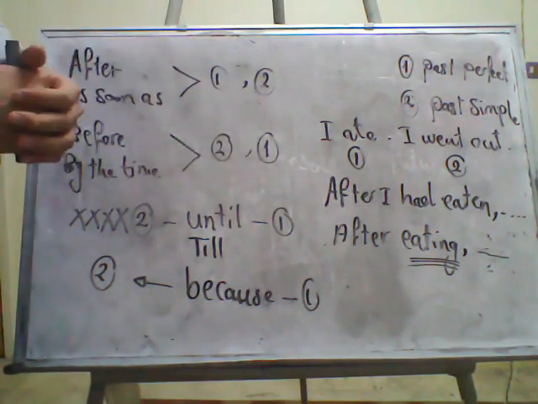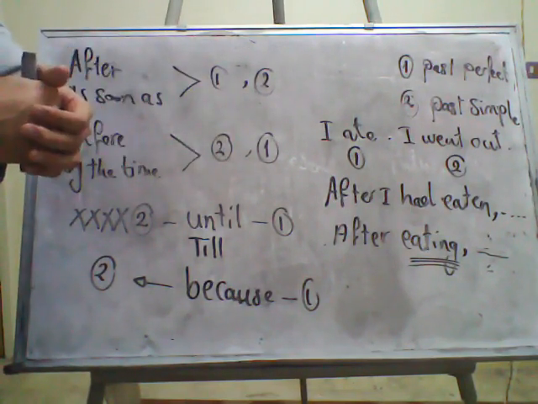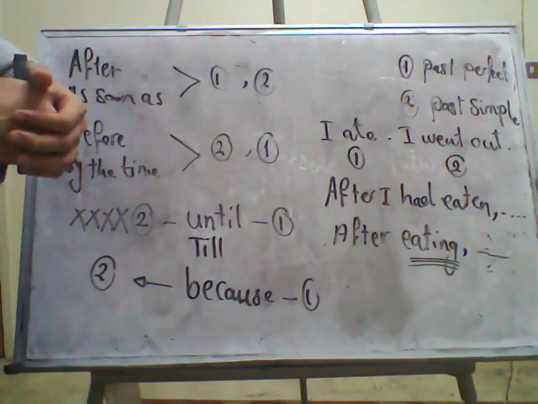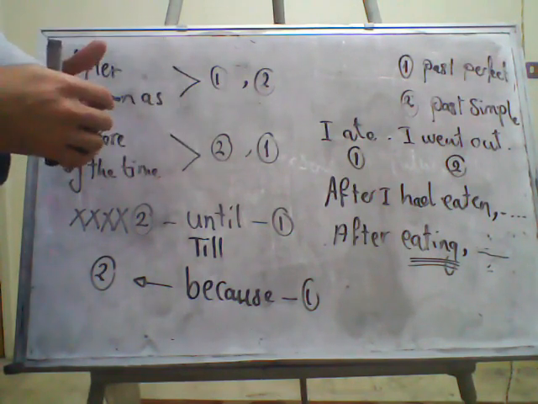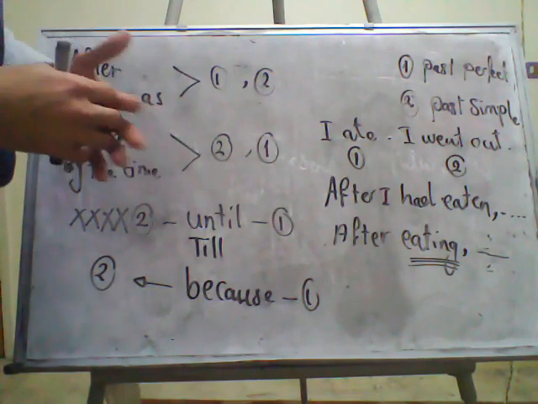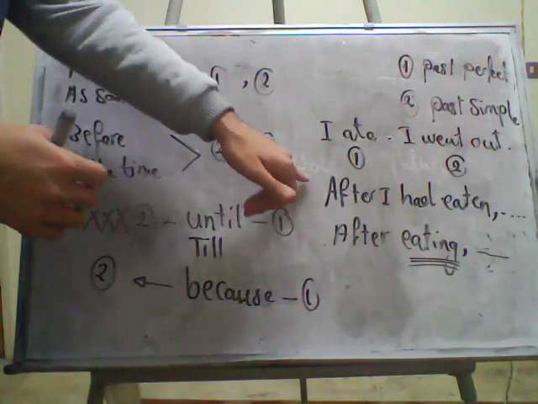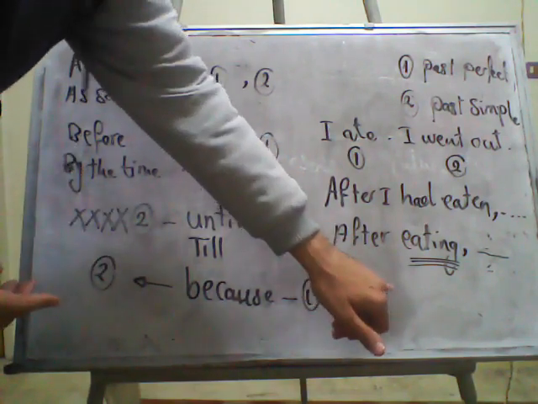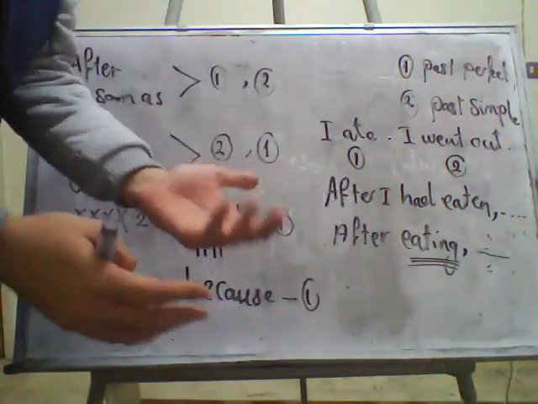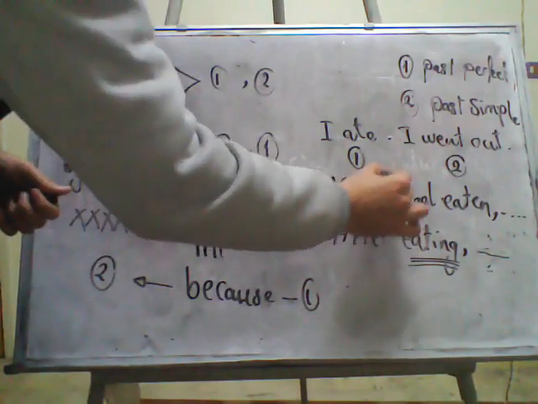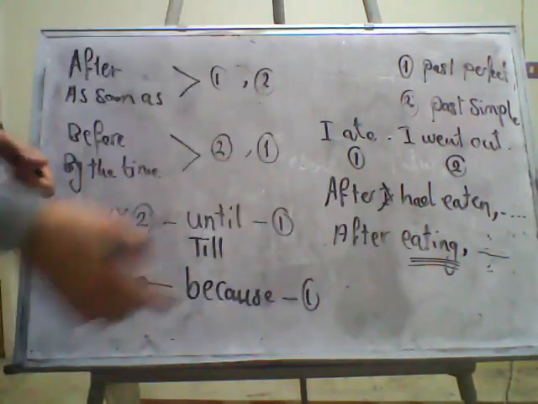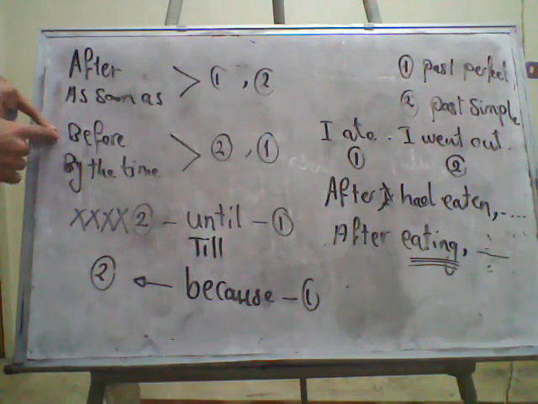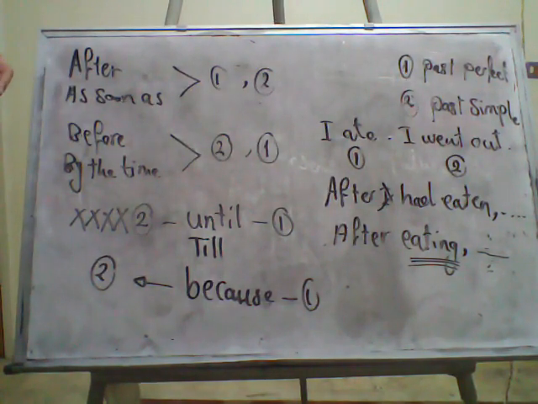And they are making this trick in the choose exercise just to check if you are going to read the sentence correctly or not, because it is done like this: after, and then space, had eaten or eaten. So you will not find the word I. There is no I anymore. So you are going to use the gerund. It happens with before and as soon as: when you will not find a subject, use the gerund directly.